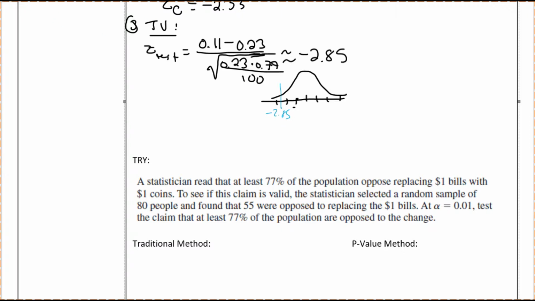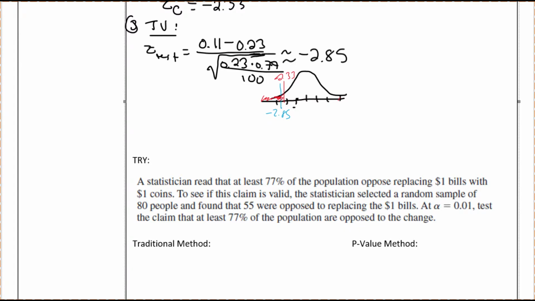And we have our critical value at negative 2.33 here. Now we're going to shade our rejection region. I don't have a positive 2.33, since this is only a one-tailed test. So we're going to shade this side for the left-tailed test because we only have a left region.